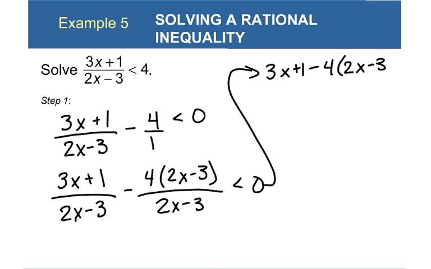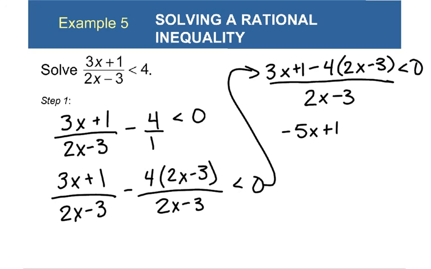You can go ahead and distribute that 4 out if you want at this point, but I'm going to just do a shortcut again and go straight to, I know the numerator is going to reduce to this. And then this is our denominator. Okay, so this is the inequality that we need to deal with.